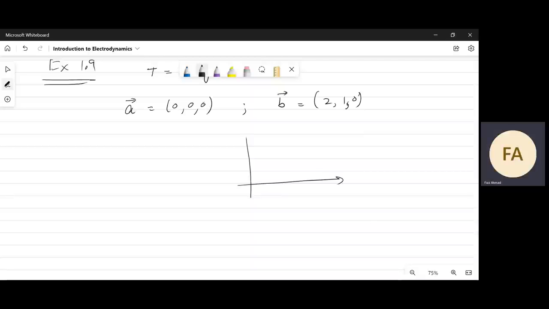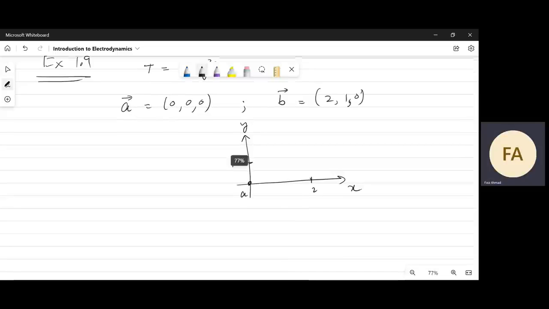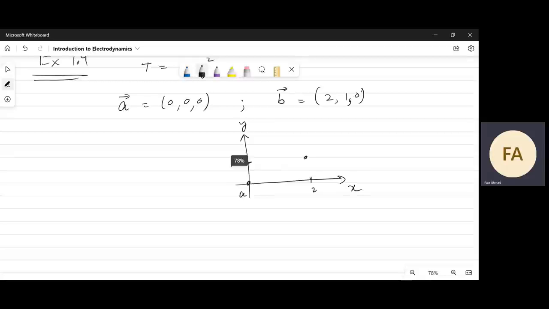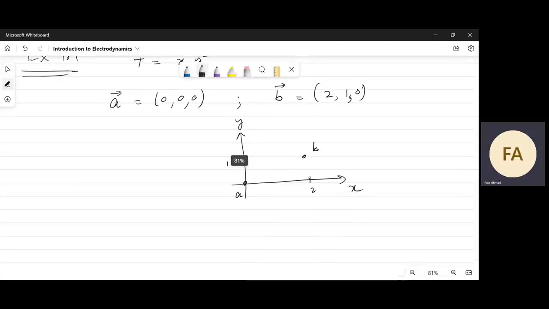The point 0 0 is at the origin, and B is 2 on this scale, 1 on this scale. So we have the point somewhere here. So we have B.